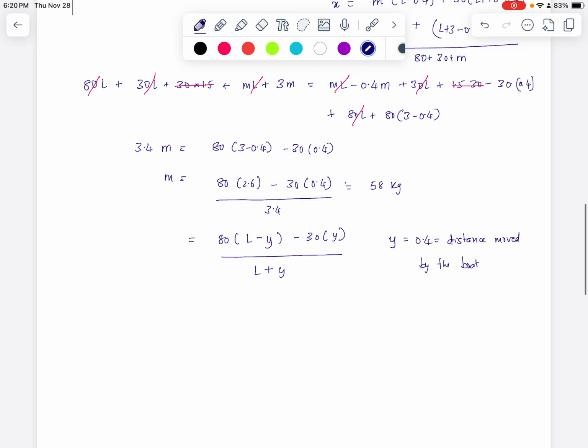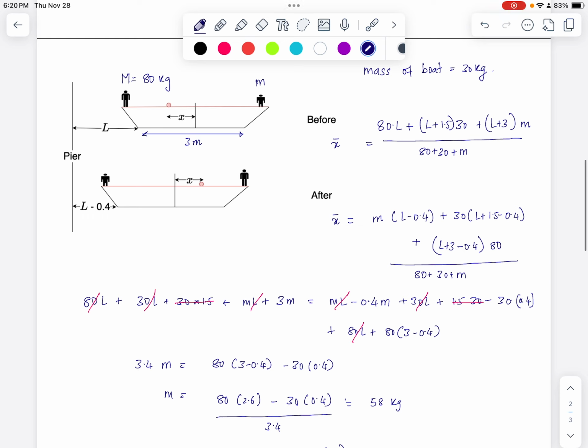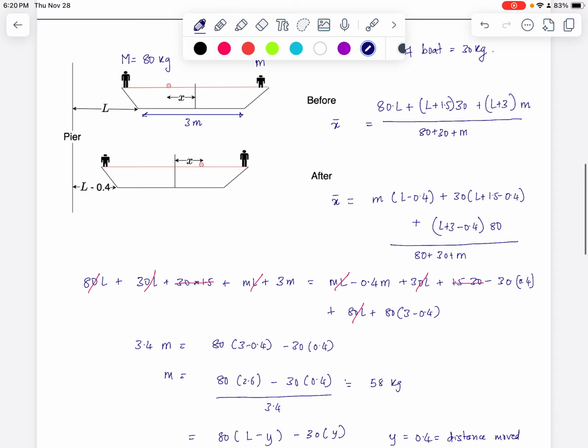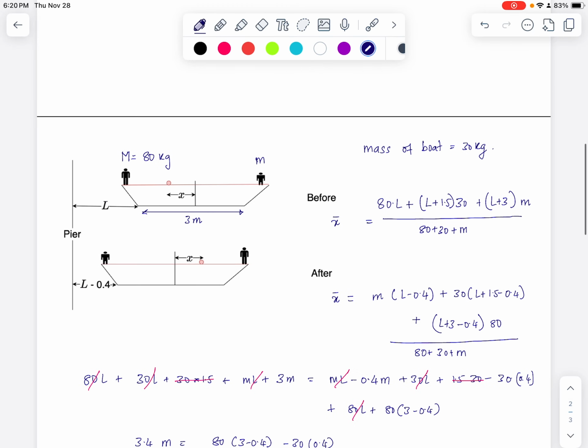So we can solve this problem in a slightly different way. When the man moves to the other end and the girl moves here, the center of mass moves from one side of the boat to the other side.